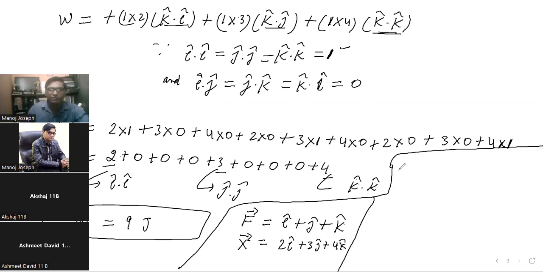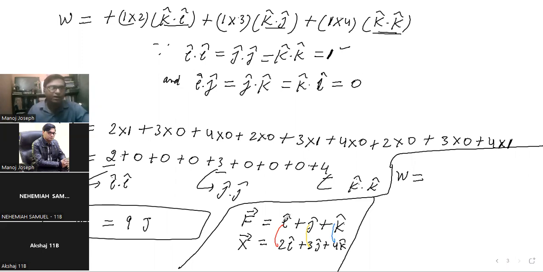So now we have to calculate the work done. It is very simple. Please listen carefully. We will multiply i with i, j with j, and k with k only. We will leave the rest of the terms.